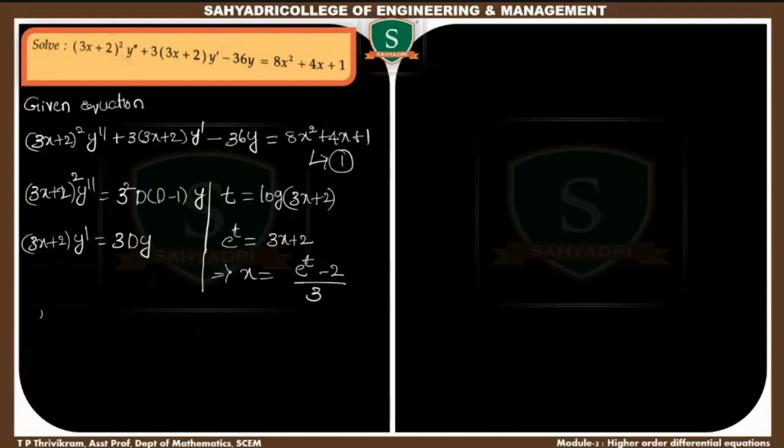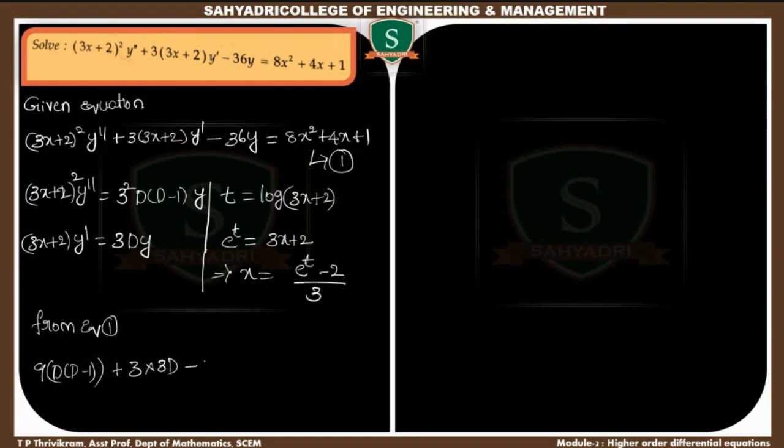So from equation 1, what happens? 3 square means 9, d into d minus 1, plus 3 into 3d, minus 36, into y.